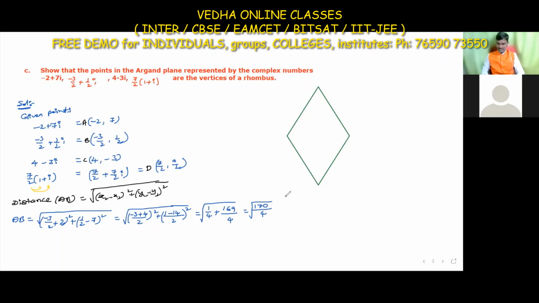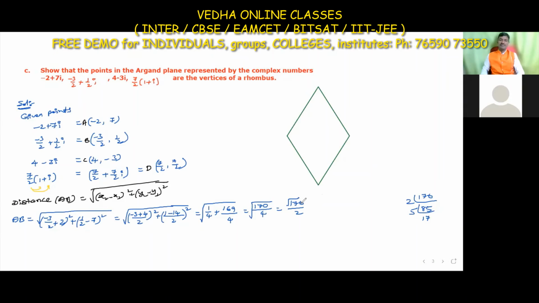So under root of 170 by 4. If we take the prime factors of 170, they are all prime numbers, so there is no use. So root of 170 as is, and root 4 we can write as 2.